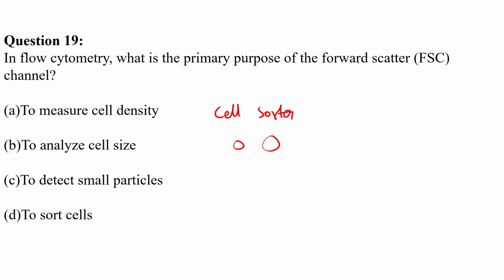There are two channels: forward scatter channel and side scatter channel. So FSC and SSC. Now, if I have a particle, it can either scatter the light at an angle, or it can reflect it 90 degrees.